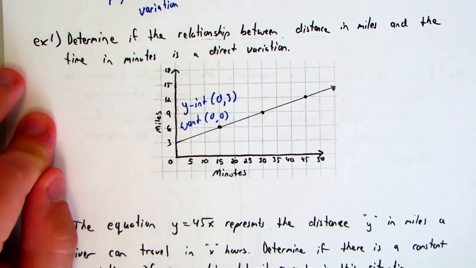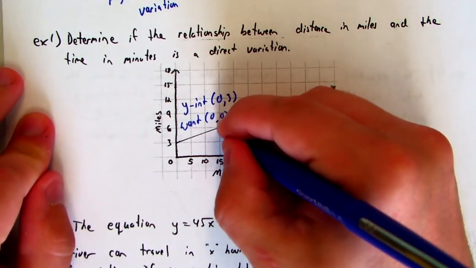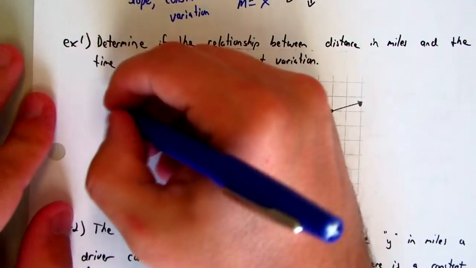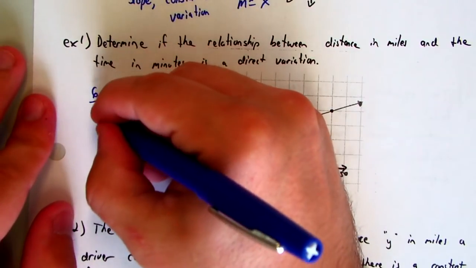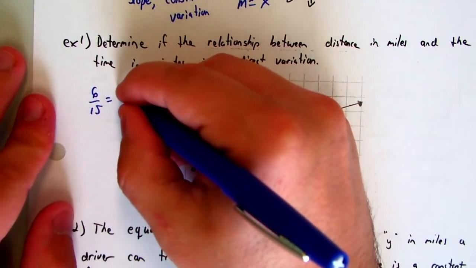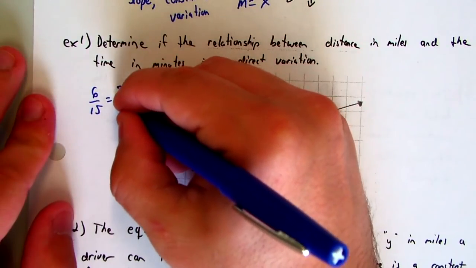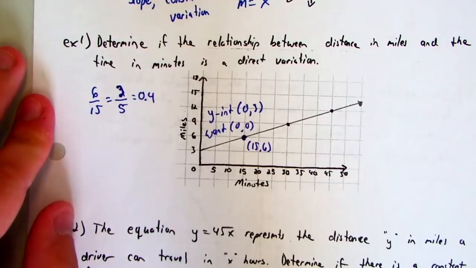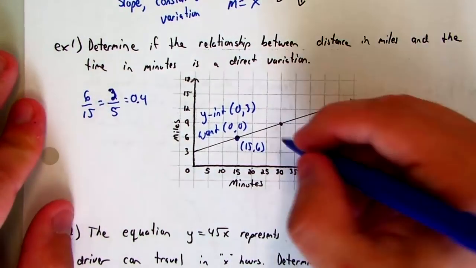But what we could also do is we can go, well, what's this ordered pair? Well, that'd be 15, 6. So 6 divided by 15 is the same as 2 over 5, which is 0.4. Let's also look at this one.